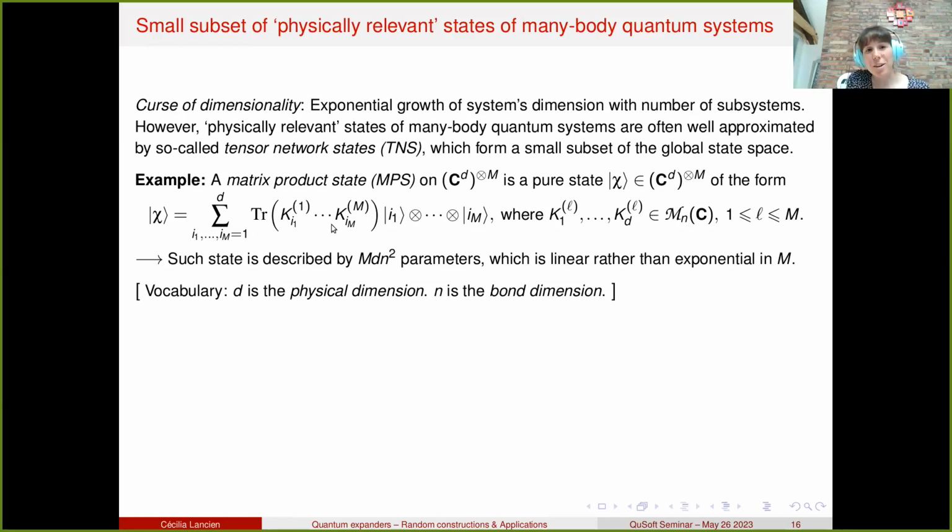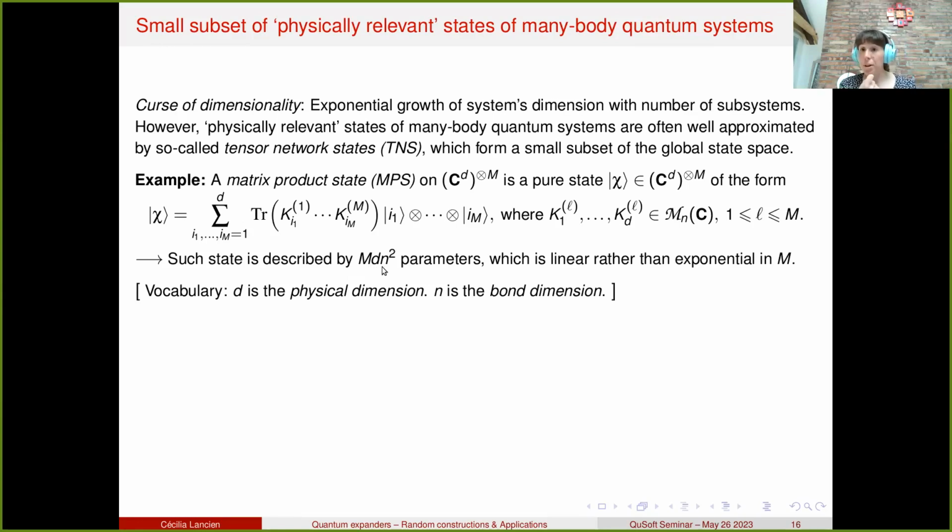You have these matrices K_i that appear in this product, which are matrices of some size n. So this n is a parameter in your construction. And what's the interest of this family of states? Well, the number of parameters you need to describe such a state is simply m times d times n squared.